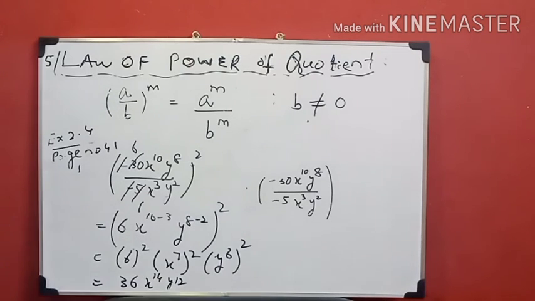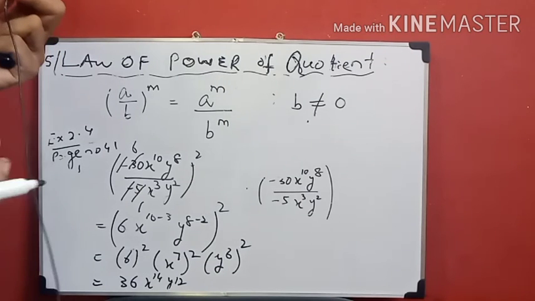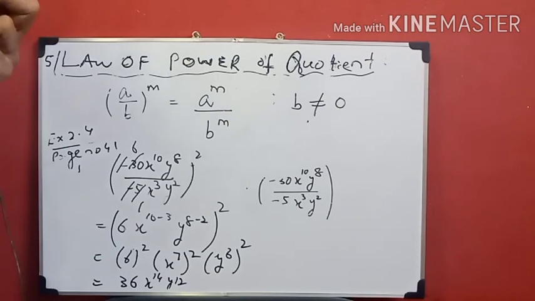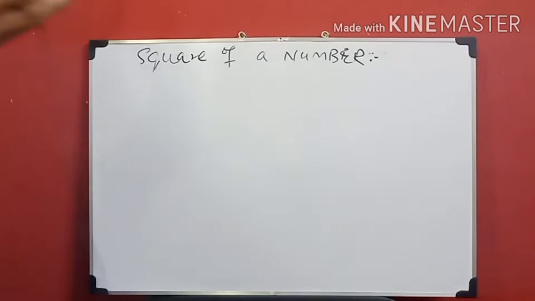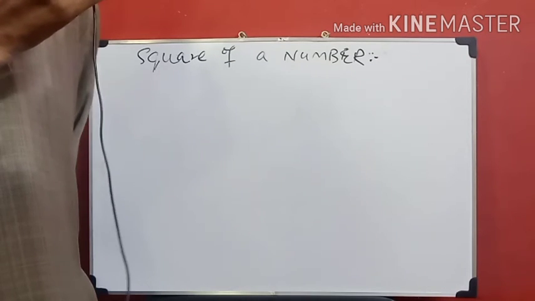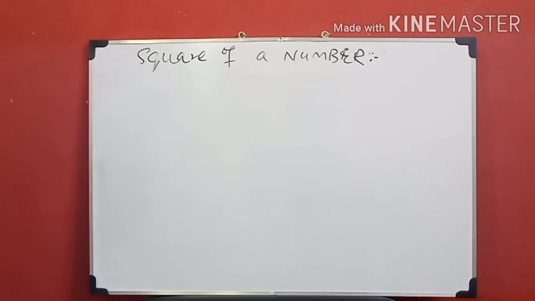And after a few minutes, I will give a tip to you for the square of a number, how we find the square of a number in the least time. Students, how do we find the square of a number in the least time?